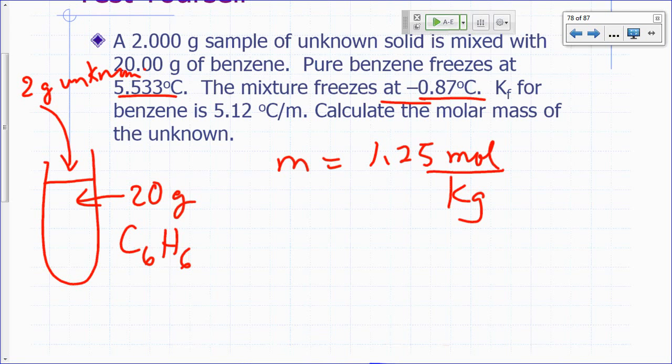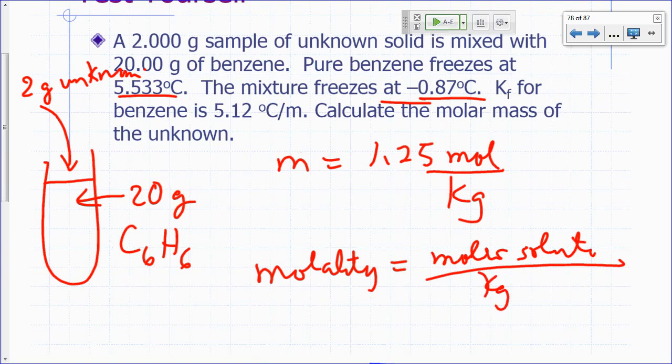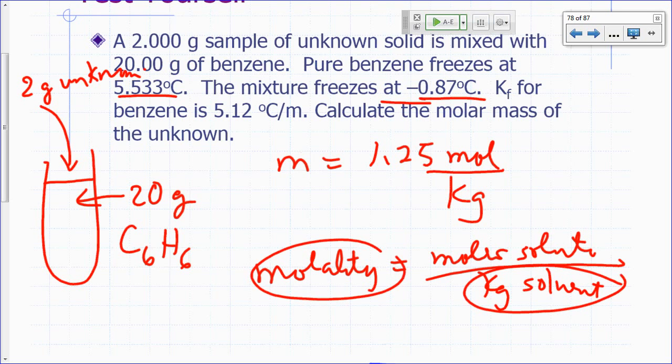How do we actually get the total moles? What's the definition of molality? Moles of solid per kilogram of solvent, right? So molality times kilograms of solvent will give you moles of solid.